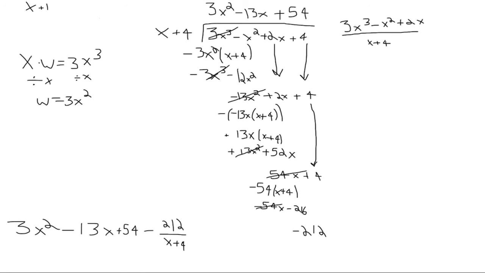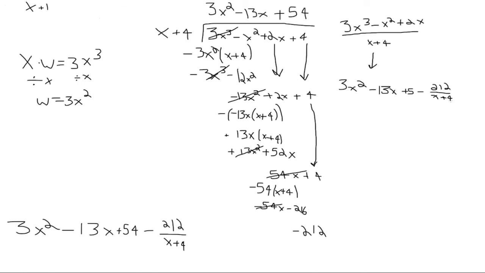And we ended up with 3x squared minus 13x plus 54 minus 212 divided by x plus 4.